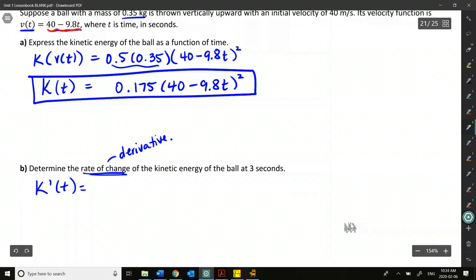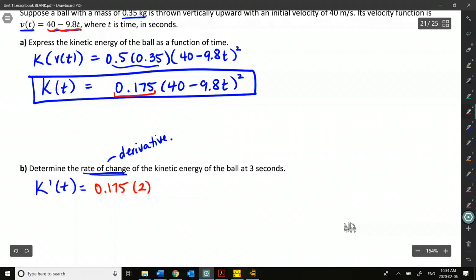Good question. So we're going to use chain rule here, and we're also going to use the constant multiple rule, and that says that if I have a constant multiple out front of something, we just multiply that by whatever the derivative is. So I'm going to do 0.175, and then apply power rule on the outside function.